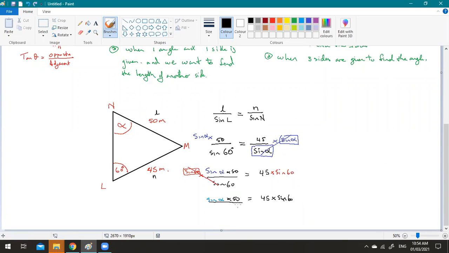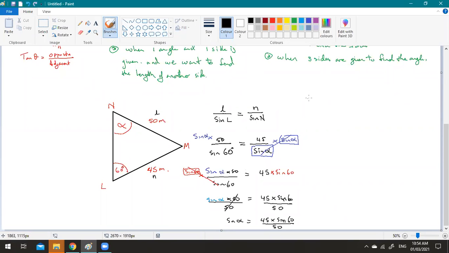Now, I want to get rid of the 50 by dividing. If I do it on the left, I must do it on the right. So I'll have sine alpha is equal to 45 by sine 60 all over 50. You understand how I reached here, right?